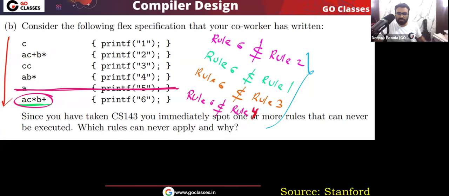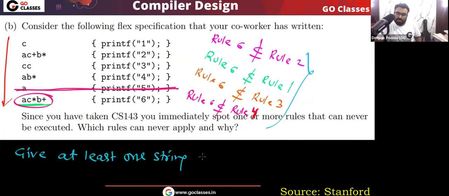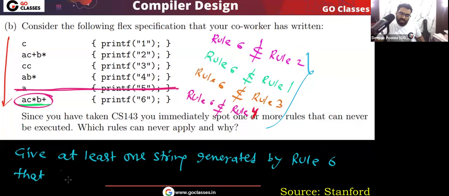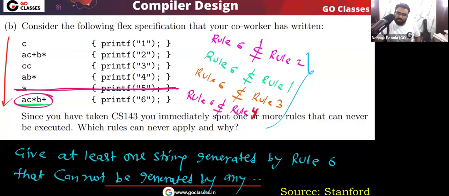Simple question I am asking. Give at least one string generated by rule 6 that cannot be generated by any rule above it.